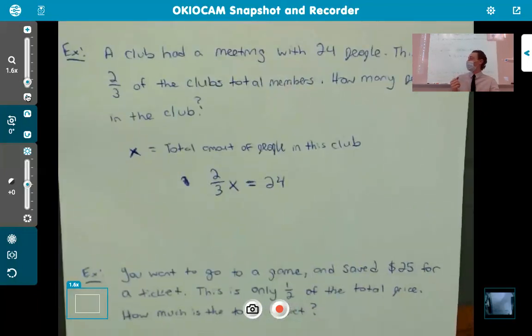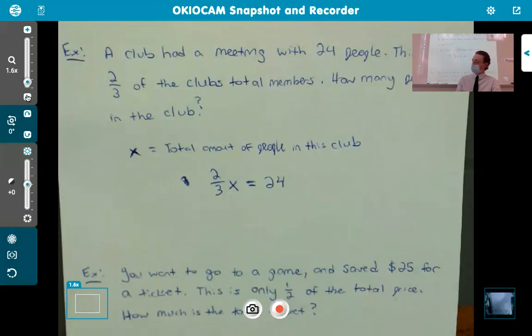Just to help you guys out too, the word "of" there lets you know that it's going to be multiplication.